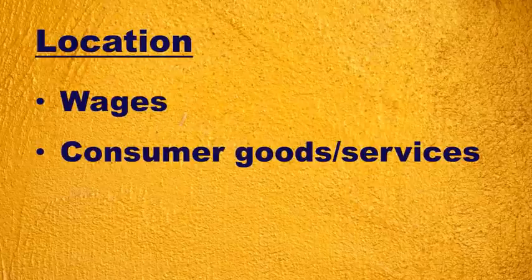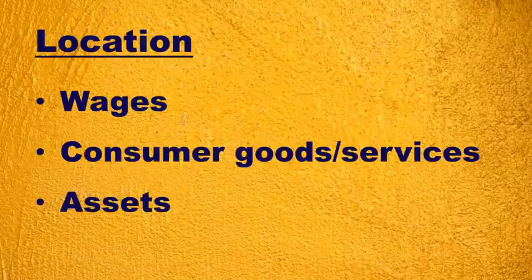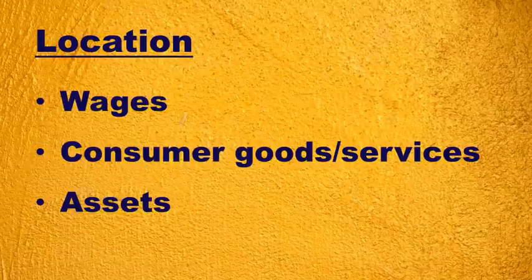There are three main categories of places where printed currency can go. It could go to wages, it could go to consumer goods and services, but it can also go into assets. Now, I was hoping to find a pie chart showing just how printed currency is distributed among these categories, but I couldn't find any charts that showed that.